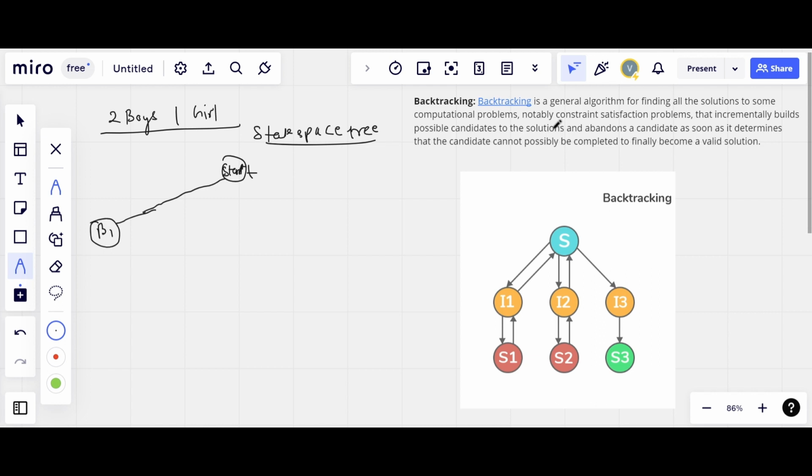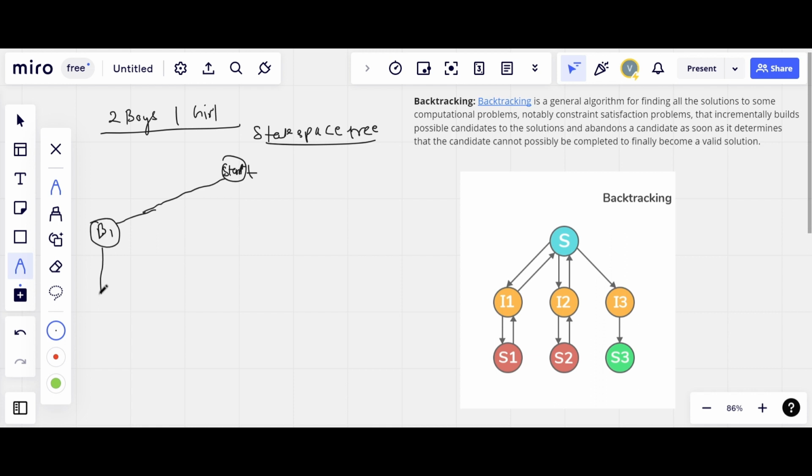So we have chosen our B1. We check our explicit constraint that the girl cannot sit in between. Because we have placed a boy first, there is only one boy, so we can go further.